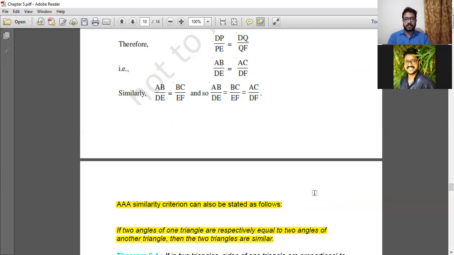We don't need to check whether all the angles are equal, and we don't need to check whether all their sides are in the same ratio. All these conditions need not be checked. Rather, we need to do only one thing. If we can see that two angles of one triangle are equal to two angles of the other triangle, then we can say that these two triangles are similar. Clear? Am I clear to you?